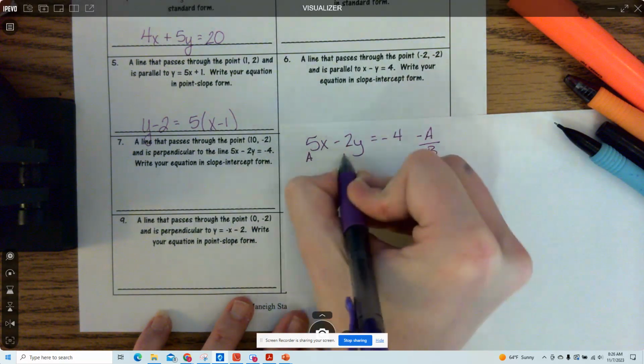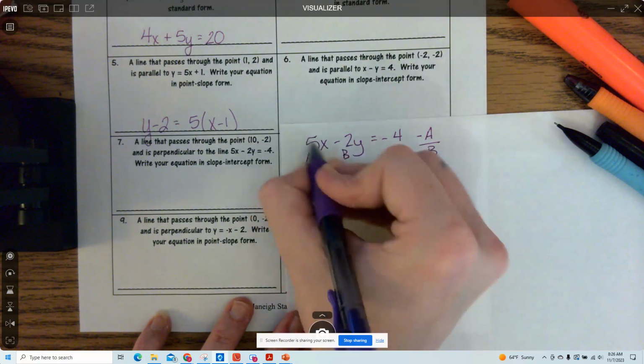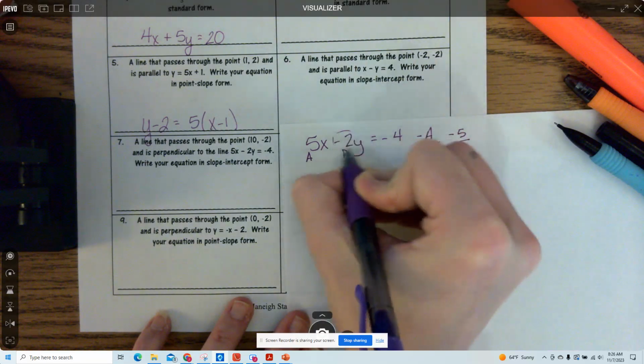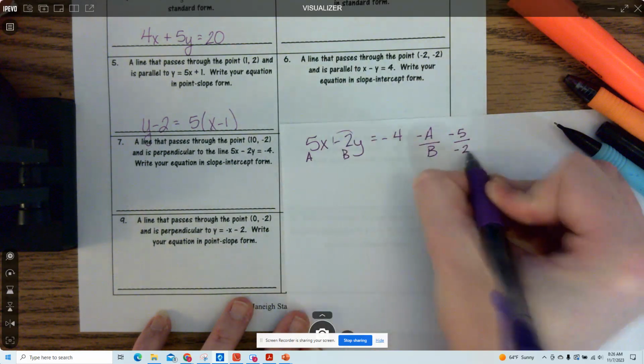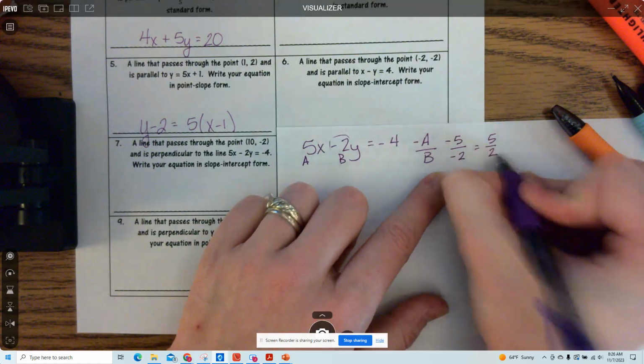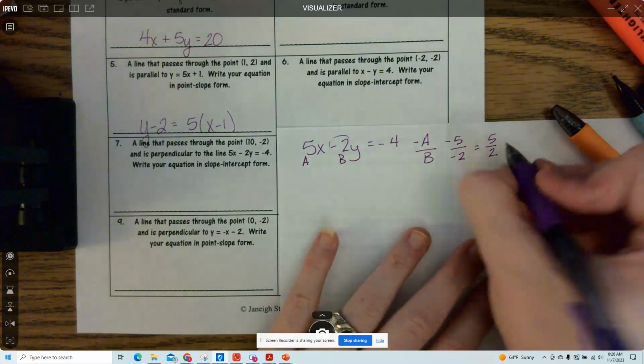This is a, this is b. So -a, if it's a +5, I change the sign. B is that whole piece, -2. Those negatives cancel each other. So that's the slope of my original line.